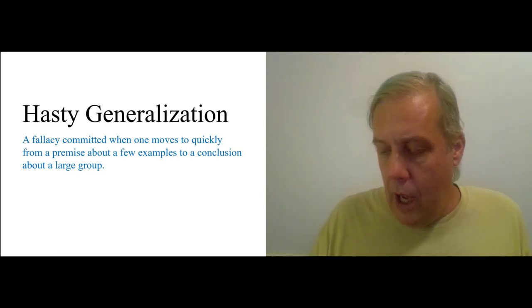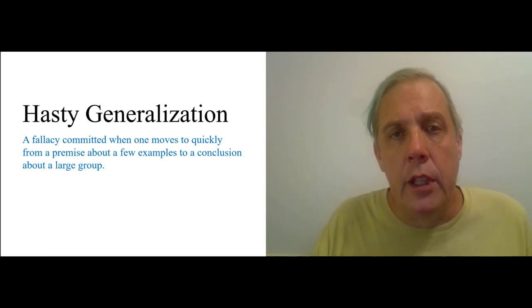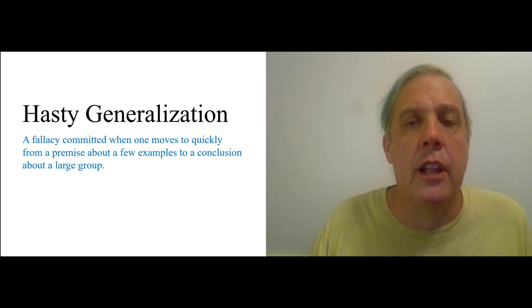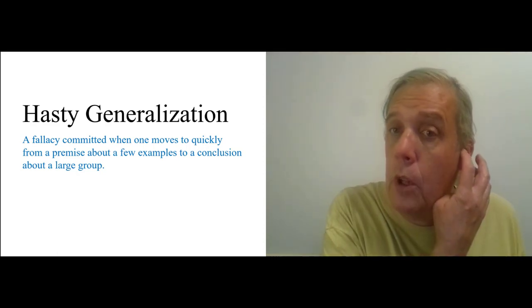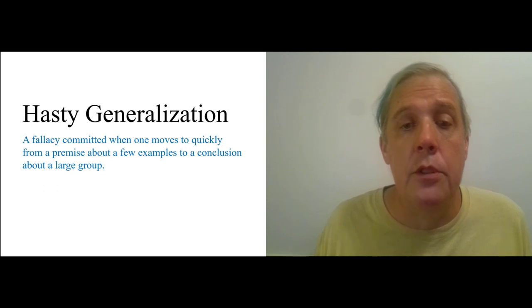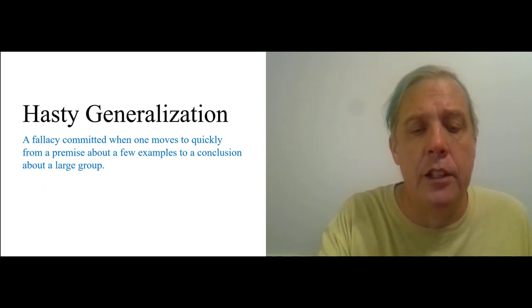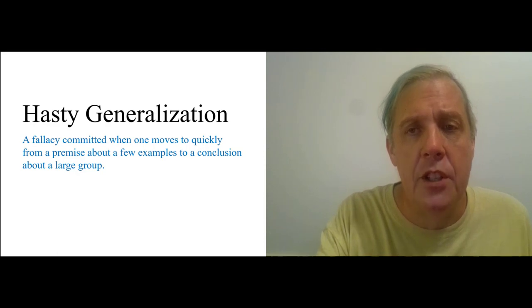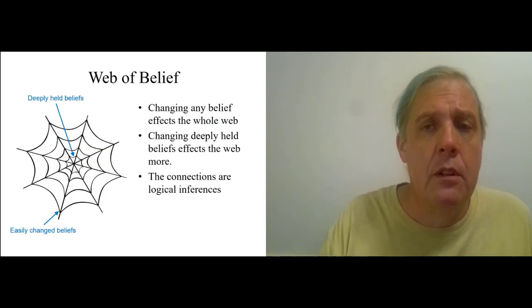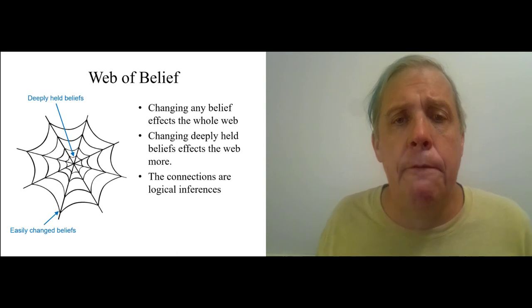Okay, one item that I did not include in the textbook, I'm just introducing now because I think it's going to be useful, especially when we get to the social epistemology section, but also in the cognitive bias section. This is the idea of a web of belief.